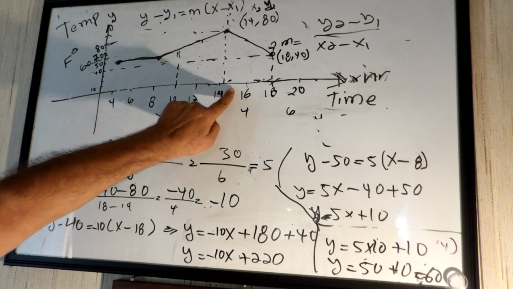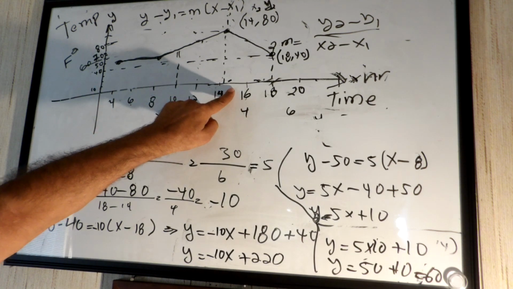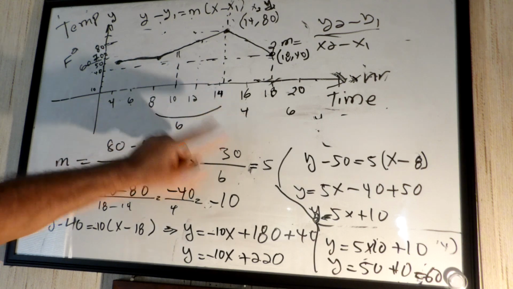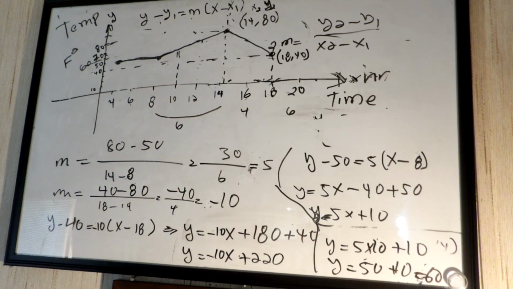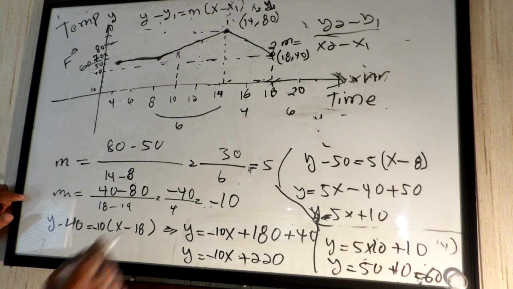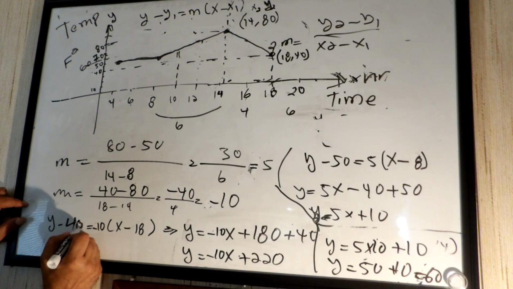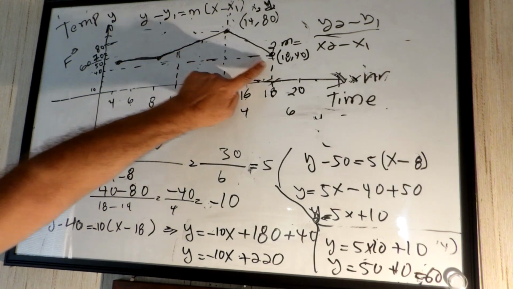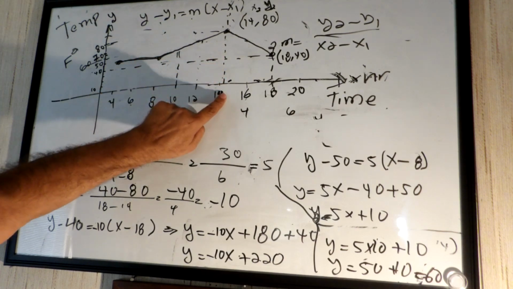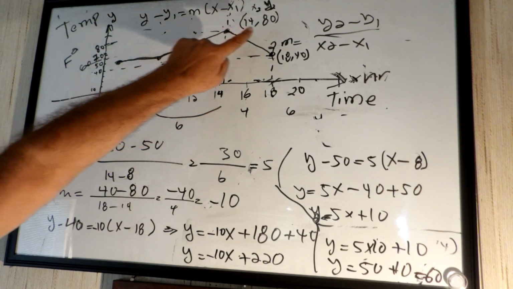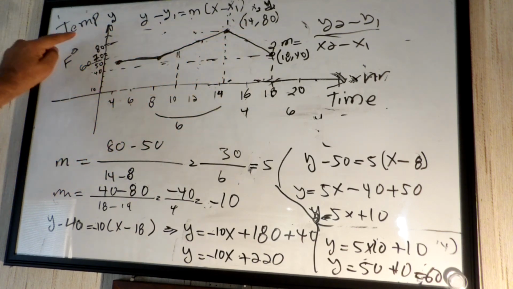Like if you want, at point 15 it's going to be 70, and that's the way. And now you want to find the equation of this. You have the slope, minus 10. Okay, we choose one of these points, either this one or this one. Now we choose, for example, this point, 14 and 80. 14 is x and 80 is y.